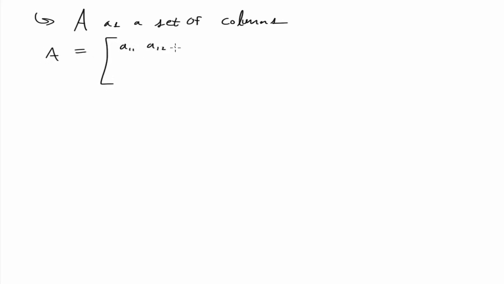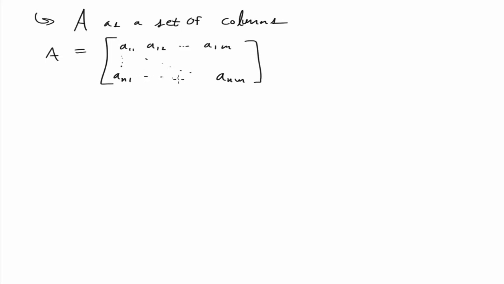So what we're really going to talk about now is that a matrix A can be thought of as a set of columns. A, of course, we can write as A11, A12, all the way to A1m, and all the way down to An1, and it goes all the way down to Anm.